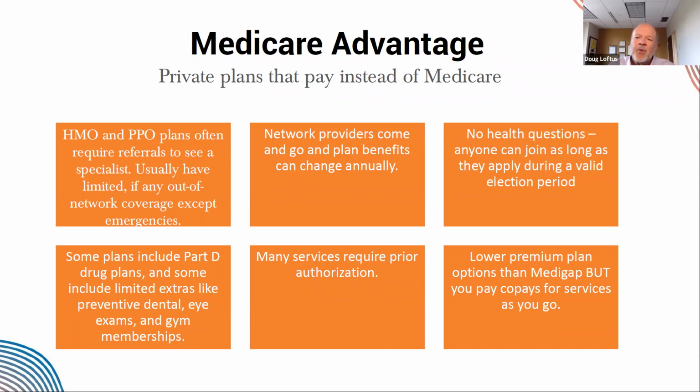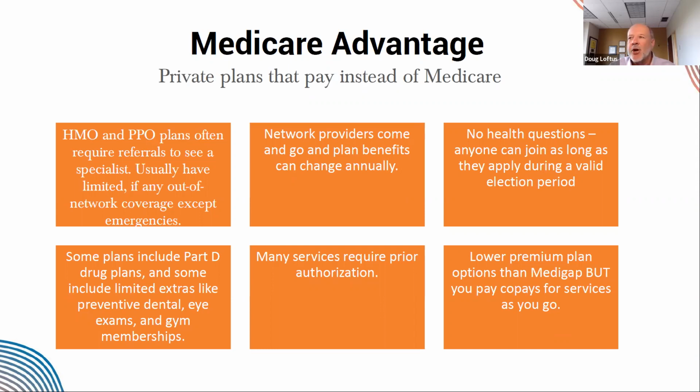In a PPO, a number of the Medicare Advantage plans have larger networks. So there are usually quality providers in that group, but you are sacrificing choice in a Medicare Advantage plan. The other thing about Medicare Advantage is that because you're in provider networks and you have a schedule of benefits, they can change every year.